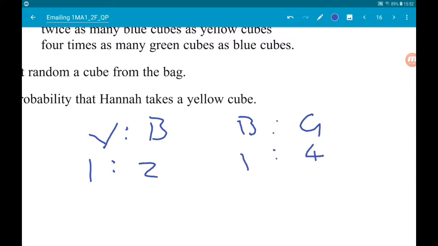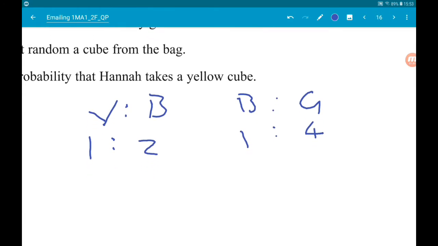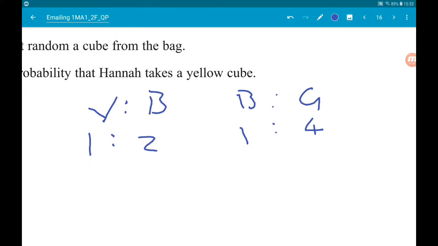Now what I'm going to do is combine these two ratios. So I have a video on this down below. So to do this you need the part in both ratios to be the same number. So we can turn blue to green 1 to 4 into 2 to 8. So now we know if we have 2 blue cubes, we have 1 yellow and 8 green.